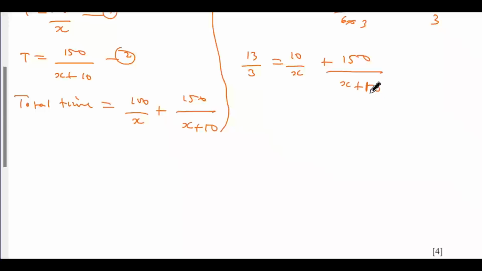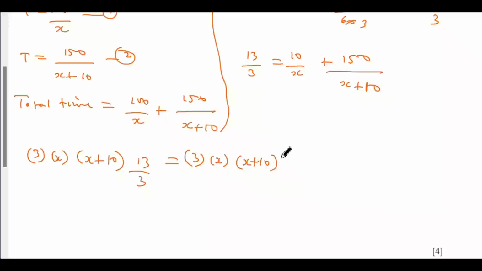If you do that, we are going to have 3x into x plus 10, this LCM, multiplied by 13 over 3 equals the same thing, 3x into x plus 10 multiplied by 100 over x, then plus 3x into x plus 10 multiplied by 150 over x plus 10.